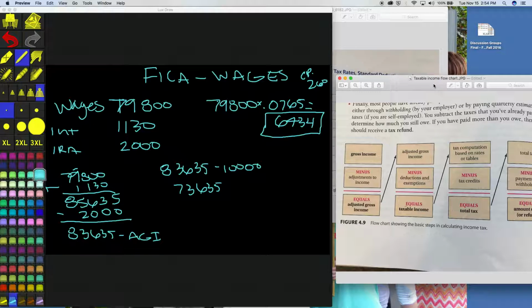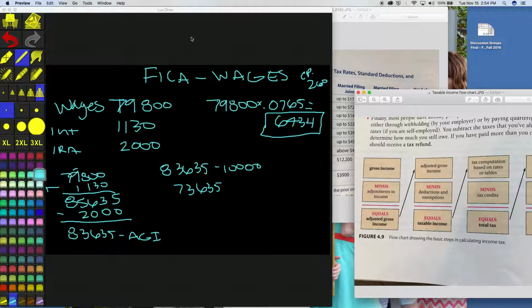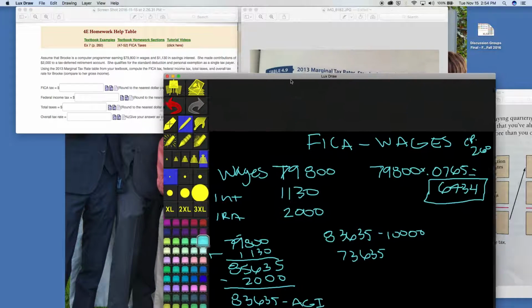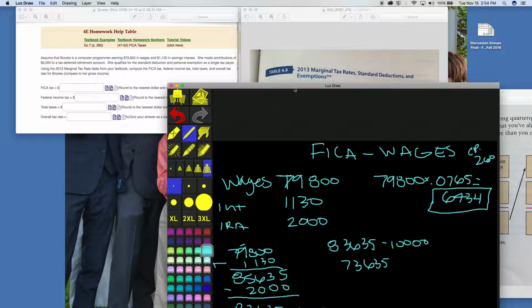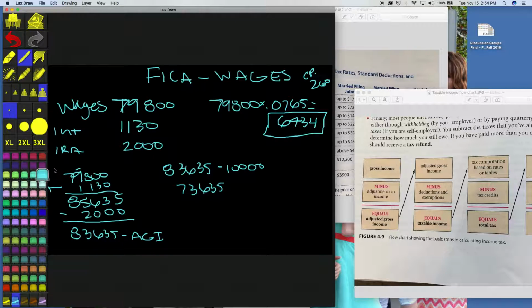Wait, something looks wrong on my paper. I was running off different numbers. Sorry, this is not correct.